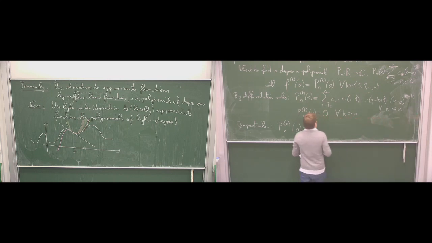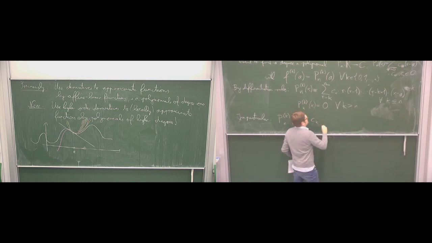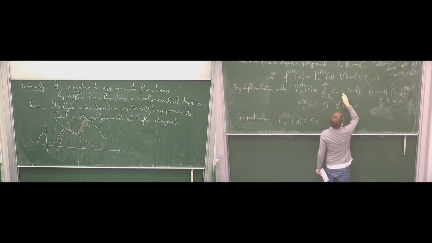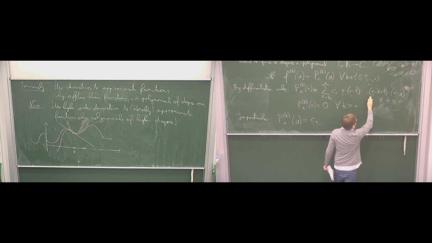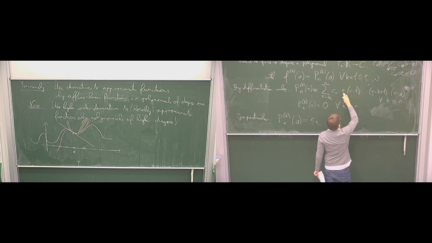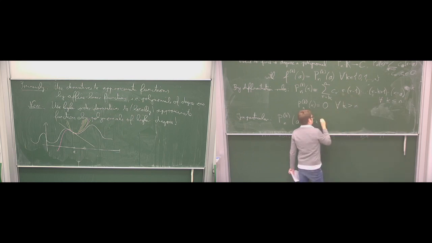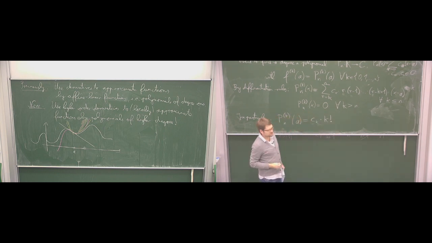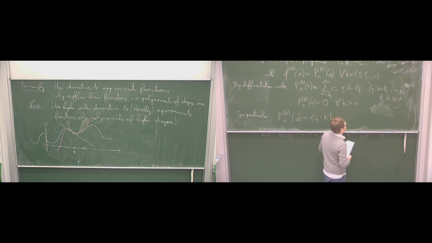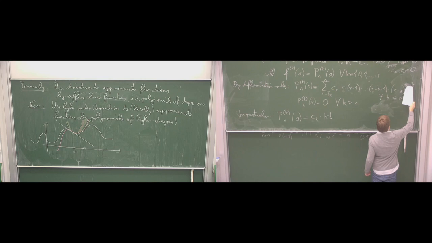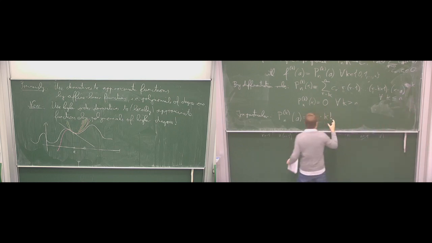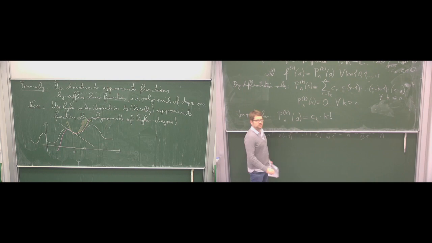The only thing that remains is then c_k times k times (k minus 1) until (k minus k plus 1), which is 1. So we multiply everything from k to 1, and this is of course k factorial, simply by this computational rule. Then we get (a minus a) to the power of 0, which is 1. So nothing else is coming in there. So this is really the complete formula, the kth derivative of Pn at a.